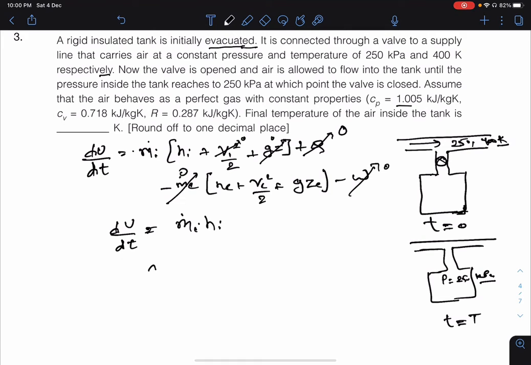And conservation of mass, we can write dm/dt. What will be the change in mass? m_i dot minus m_e dot, that is rate of mass flow at the inlet and rate of mass flow at the exit. So dm/dt is the change of mass in the control volume. So suppose this is our control volume.